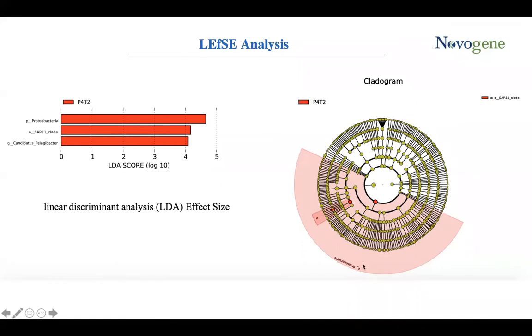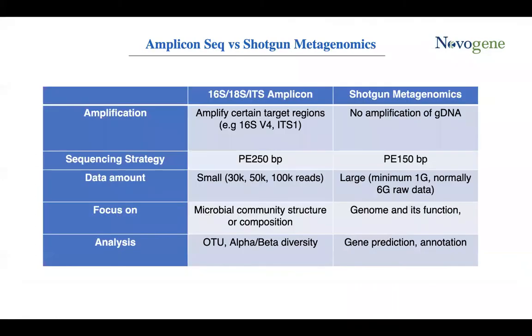For example, the red nodes here mean this microbiota contributes a lot in the group covered by the red color. And letters above the circle and corresponding species are annotated on the right side here. So up to now, we have finished our analysis showcase.